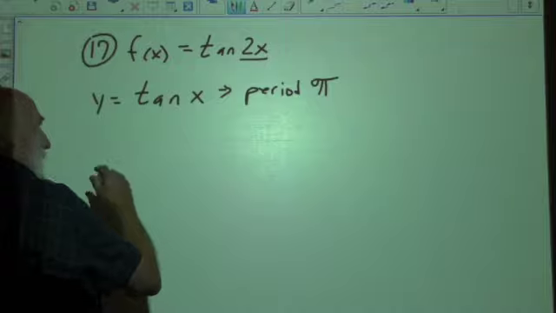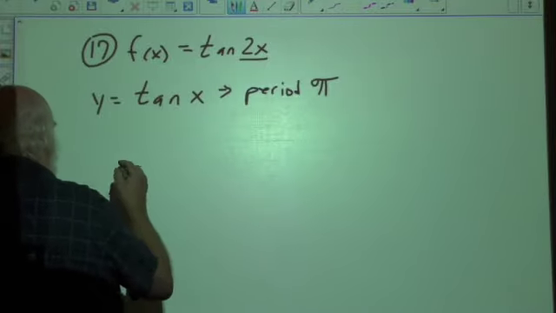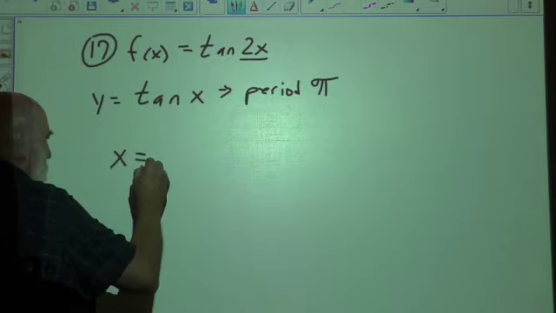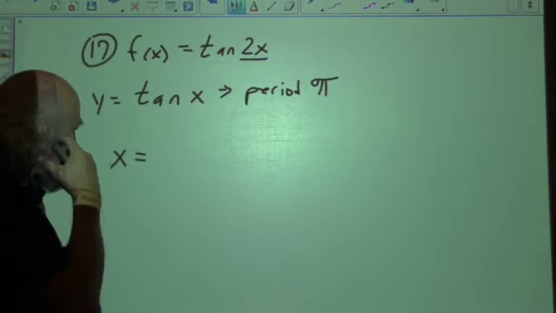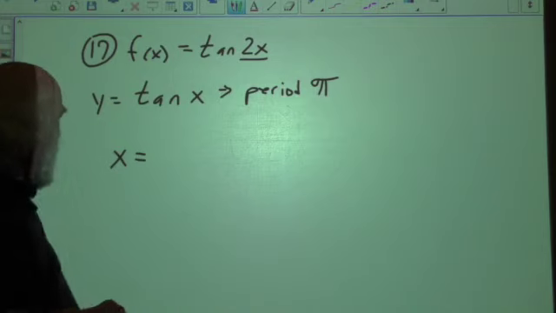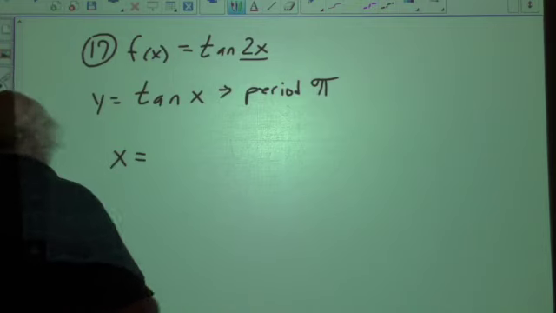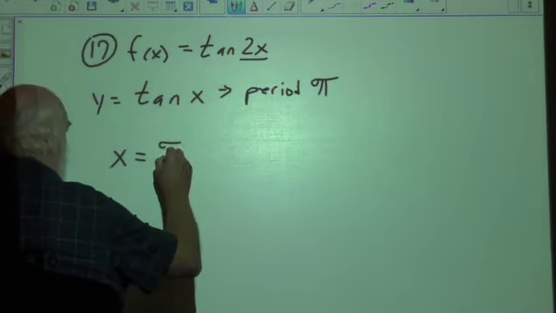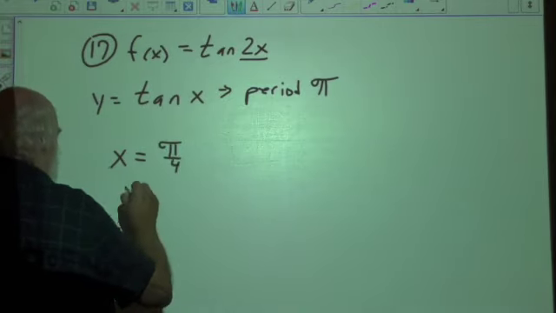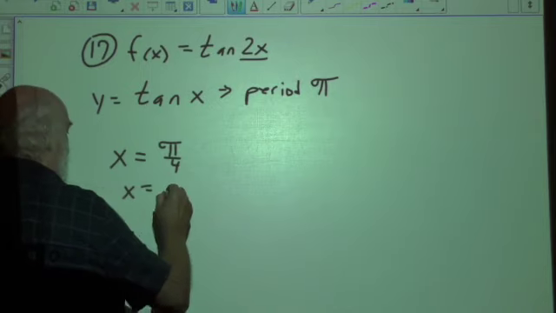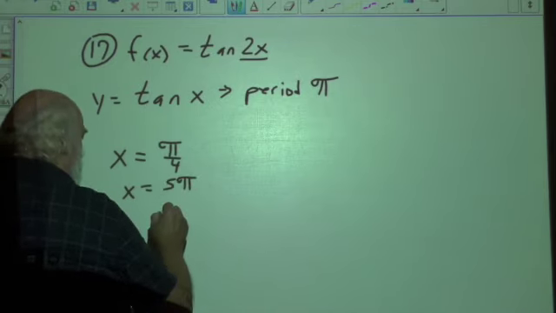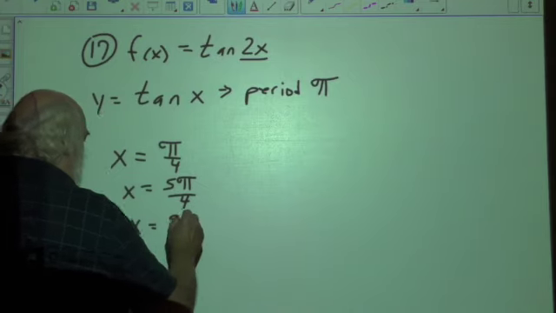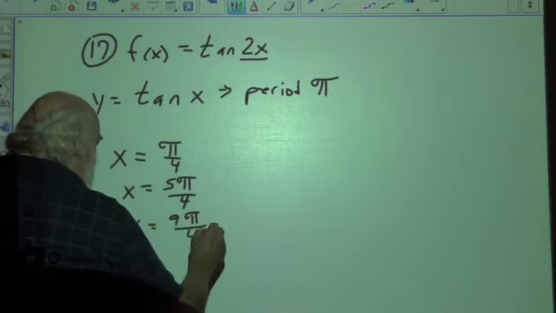So we have these asymptotes all over the place. If you look at it from the positive side, you would say x equals pi over 4, x equals 5 pi over 4, x equals 9 pi over 4, and so on.